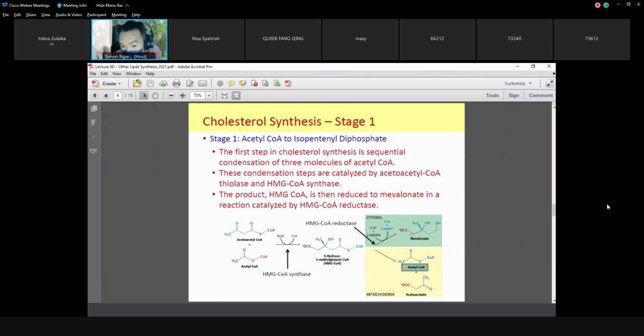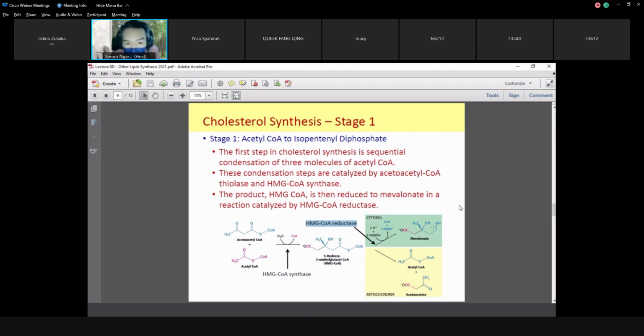This is where you generate the mevalonate. Take note, the reductase is the important enzyme that helps determine whether or not cholesterol is produced. It is the important regulating member that directs production of mevalonate.